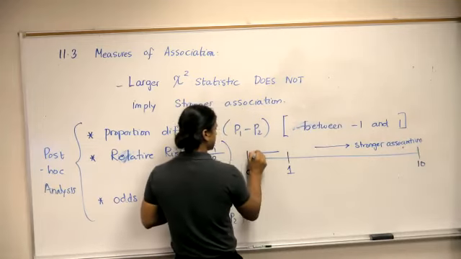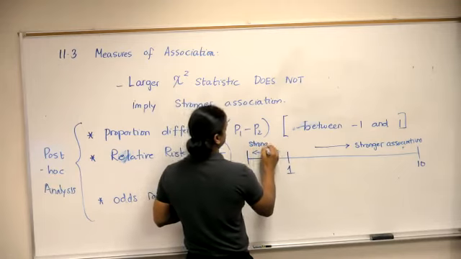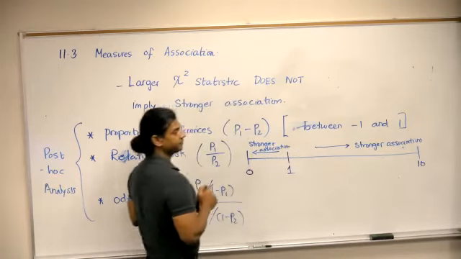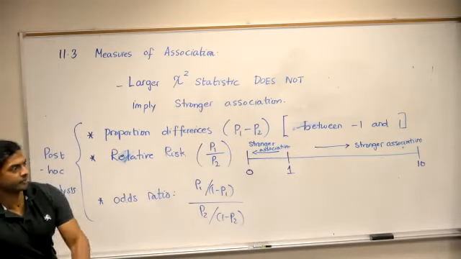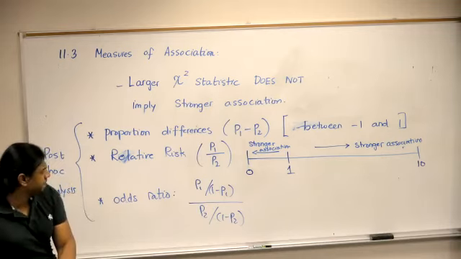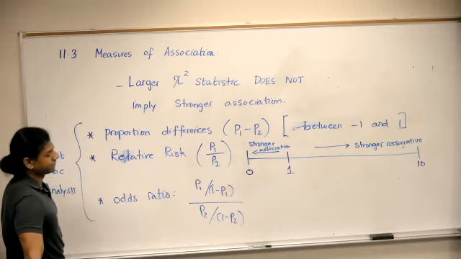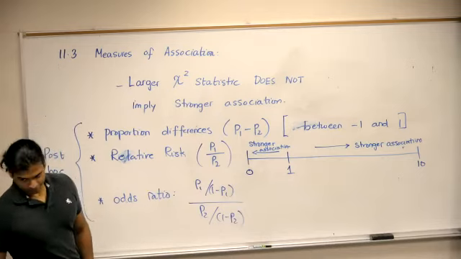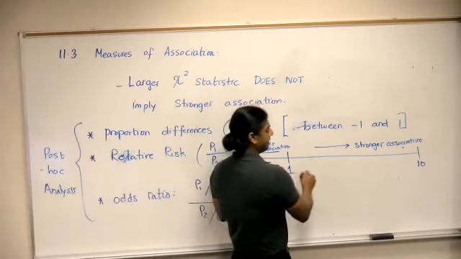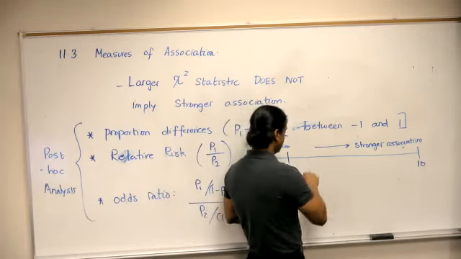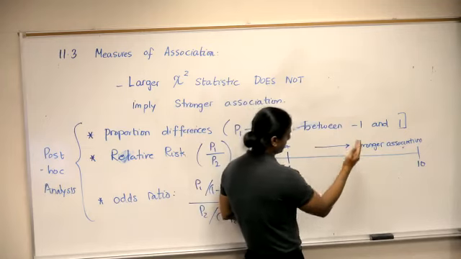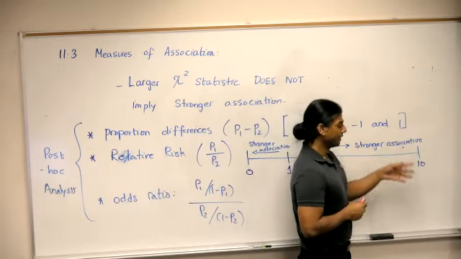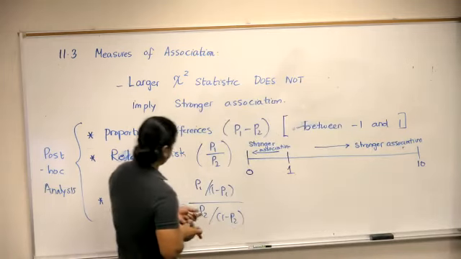Same, if you get closer to 0, you have stronger association. Bigger than 1, the stronger the association as it gets bigger and bigger. But in practice, beyond a certain point, it's meaningless to specify.